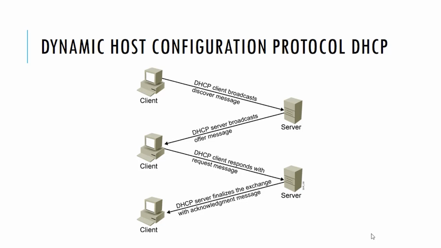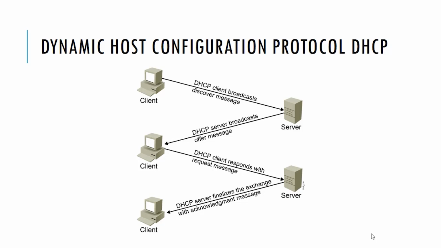It finalizes that this client has reserved this IP address, this subnet mask, this default gateway, and this DNS, so that it cannot repeat leasing the same IP address to other machines. Otherwise, there will be a conflict of IP addresses between two machines, and this is forbidden. No two machines can have the same IP address over the same network.